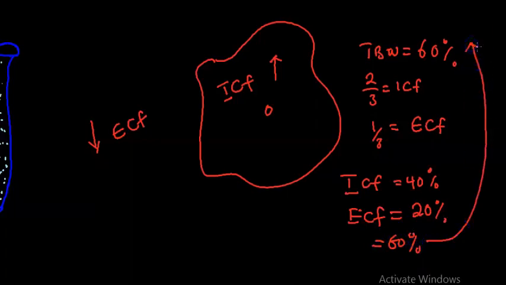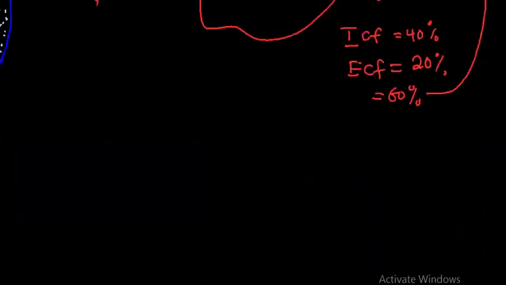What I'm trying to explain here is this. In the cytoplasm of a cell, which we have the ICF, the volume of ICF is normally higher than the volume of ECF. Again, let's take an example. Here we have our body fluid compartment.